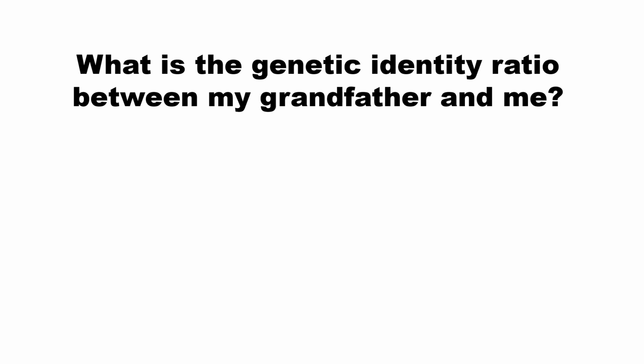How about the relationship between my grandfather and me? We are connected through two nodes. My father is in the middle, and my father and grandfather share 50% identity, and my father and I share another 50%. So altogether, these two nodes generate 25% identity between my grandfather and me.